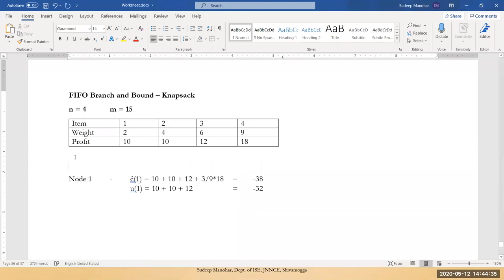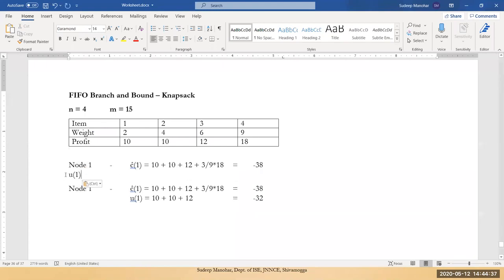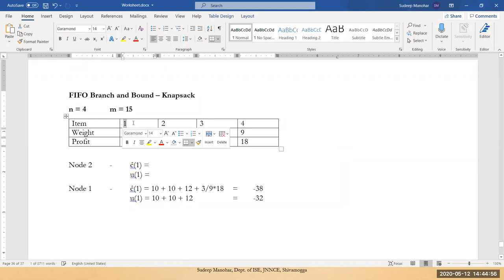I will push this downwards so that it becomes easy for us to track the values. This is node number 2. You have to consider item number 1, so item number 1 is compulsory.